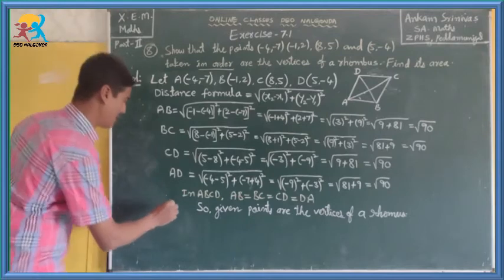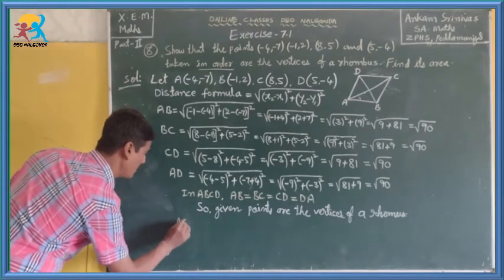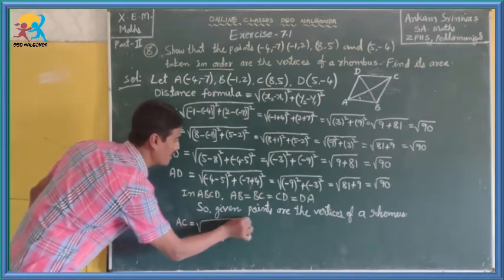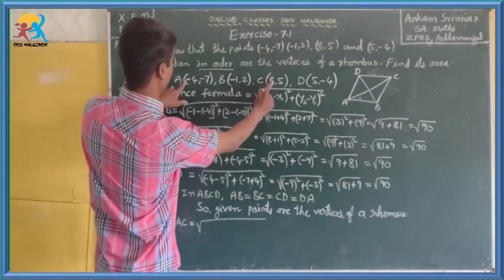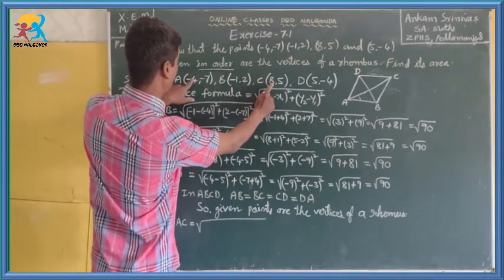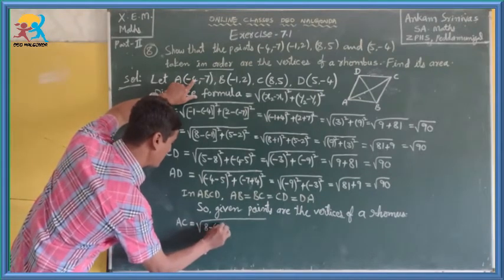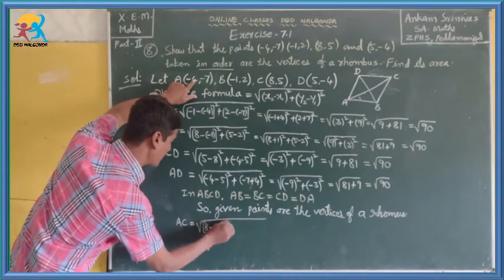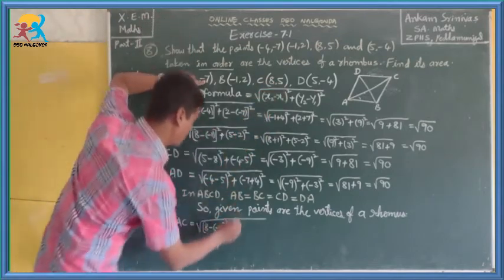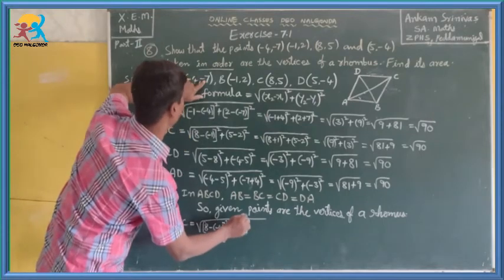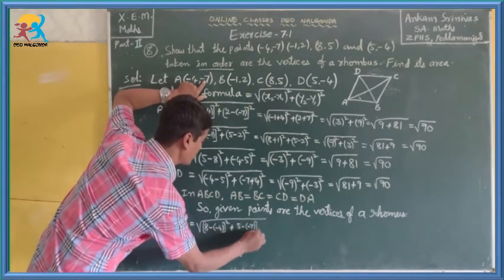Now I am going to find the length of diagonal AC. What is the length of diagonal AC? Using the formula, for these two points: square root of (8 minus (minus 4)) whole square plus (5 minus (minus 7)) whole square.